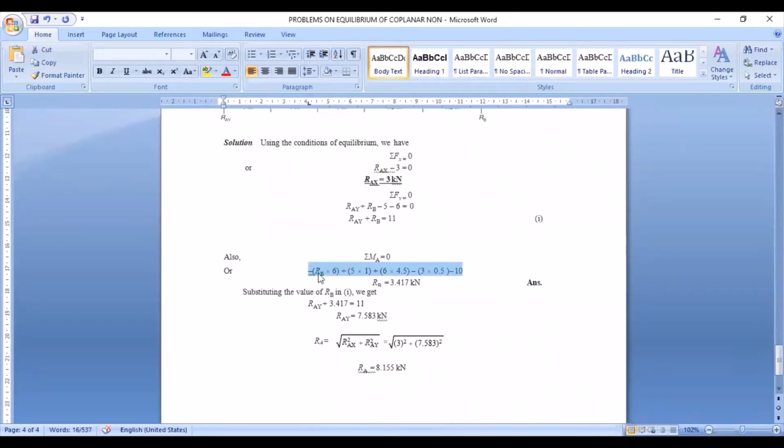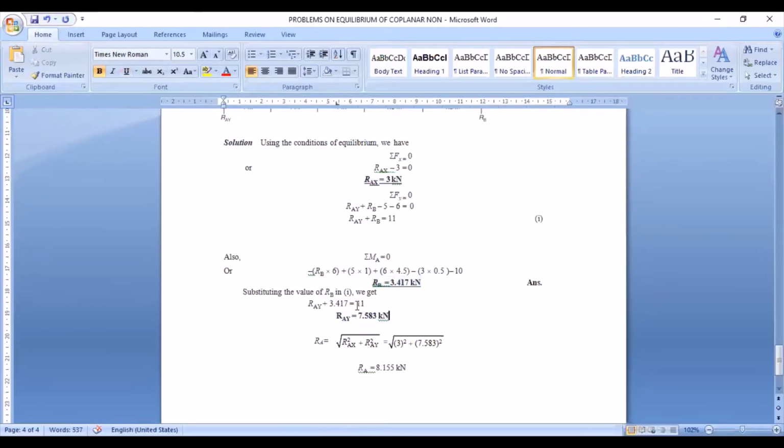Thereby rearranging the terms, you can calculate RB as 3.417 kilonewton. Once you get this RB, you can substitute the value of RB in equation 1 and you can calculate RAY, which you will get as 7.583 kilonewton. So you calculated all the three reactions.